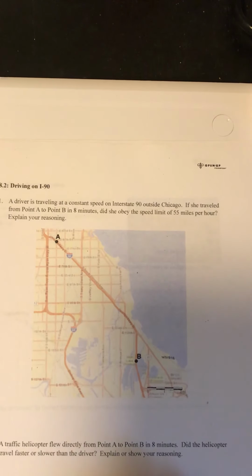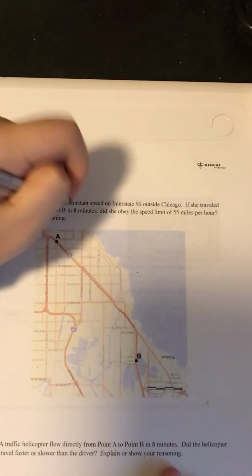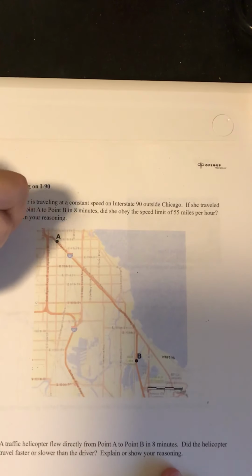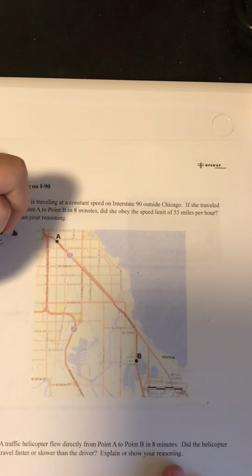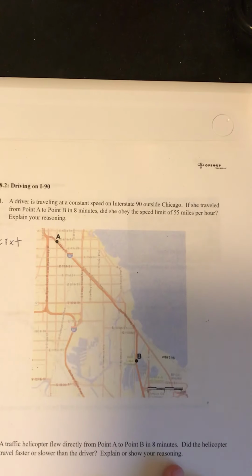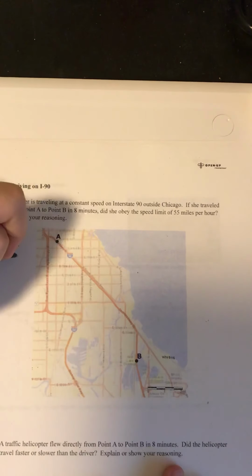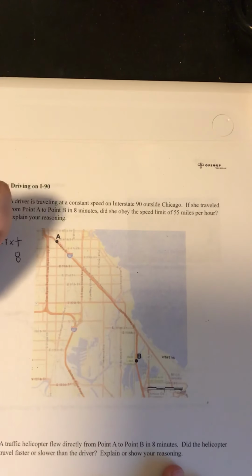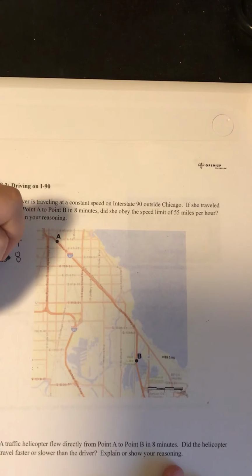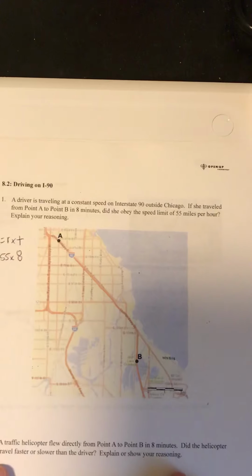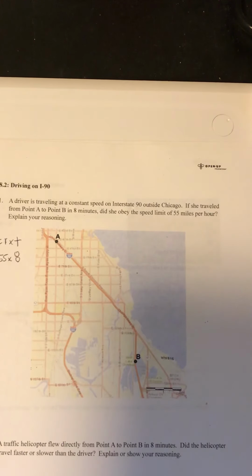So in this problem, we know the time. So remember, distance equals rate times time. And so we know that the time is 8 minutes, and the speed limit is 55 miles per hour, right? So we could find the distance. So we're going to find the distance using the scale here.